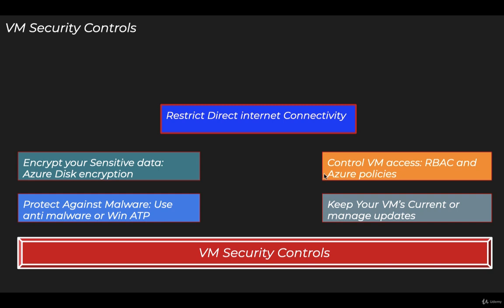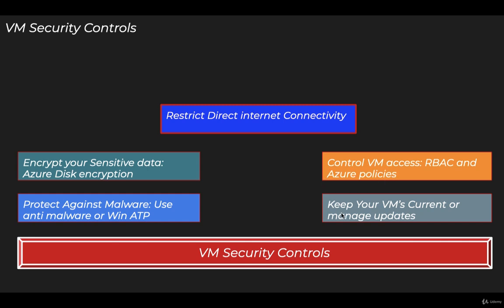Or whoever is trying to access a production VM, we want to make sure that just-in-time access has been provided, or that multi-factor authentication is required. All these things you can control with the help of Azure Policy.